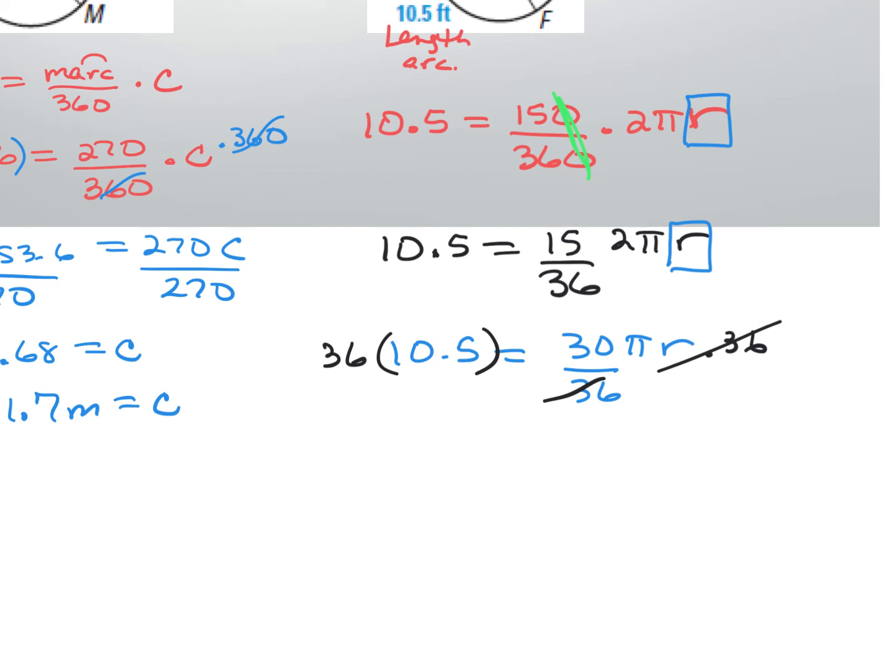And 36 times 10.5 gives me 378 equals 30 pi r. And then you're going to divide both sides by 30 pi.